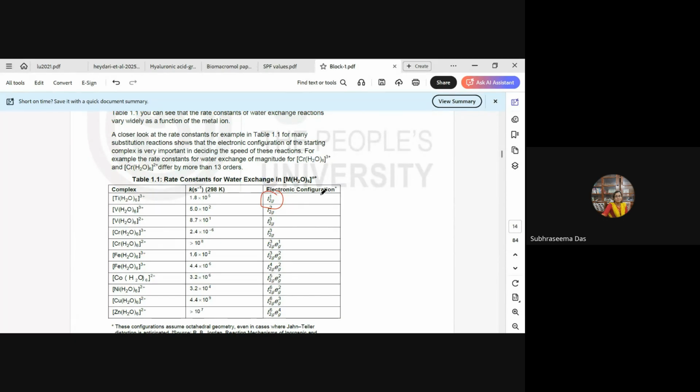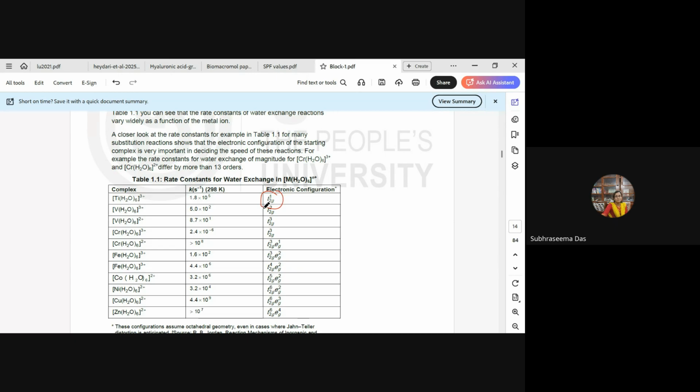In octahedral complexes, the d orbitals split into two sets, t2g and eg. T2g is lower in energy and eg is higher in energy. So the one electron present in titanium goes to the lower orbital, and the configuration for titanium 3+ is t2g¹. That is why it has been written here.